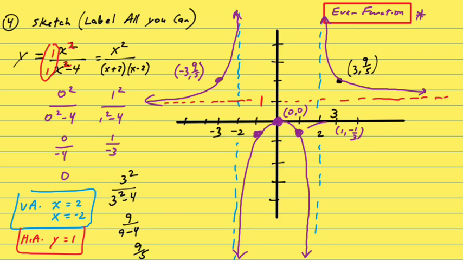I don't know if you're aware, but 0, 0 is called a relative maximum. When I say a relative maximum, compare it to points immediately to its left and immediately to the right. Is 0, 0 the highest of those points? That makes it a relative maximum. If it was the lowest point, it'd be the relative minimum. Anyway, here's the sketch for number 4.